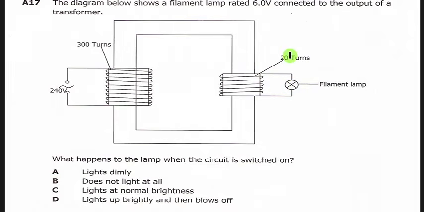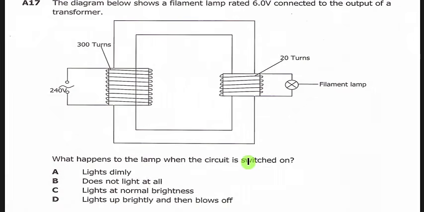So 20 turns, but we don't know the voltage that will come here. They are saying what happens to the lamp when the circuit is switched on. A, lights dimly. B, does not light at all. C, lights at normal brightness. D, lights up brightly and then blows off.